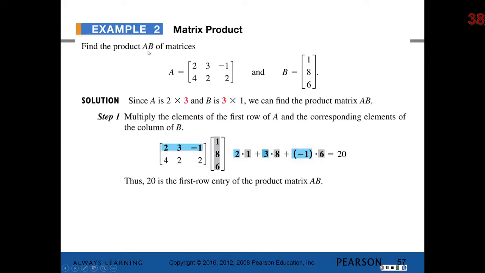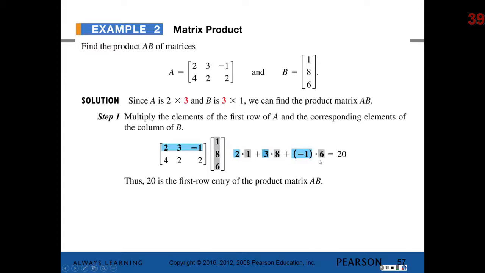The product AB of matrices, the way that you actually do this so that you know what the calculator is doing. Once you've figured this out, then you'll know which way you should multiply. When you multiply A times B, what you're doing is taking all of row 1 by all of column 1 in matrix B. So 2 times 1 and 3 times 8 and negative 1 times 6.